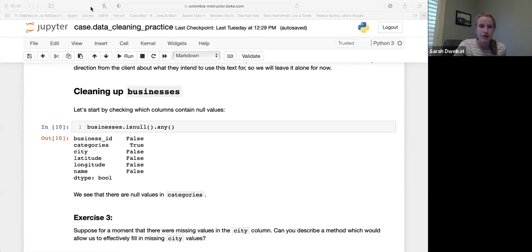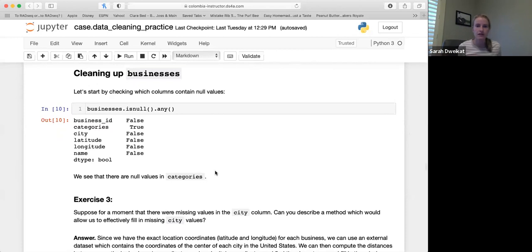Okay, so what we're going to do first is the same with the reviews data set. So for businesses, we need to check if there are any null values. And here we can see that the only column that has null values or has missing data is categories.